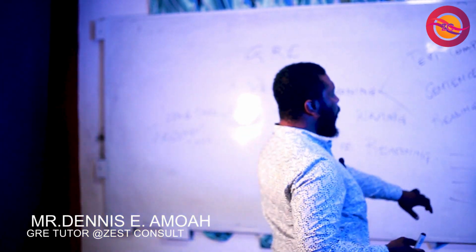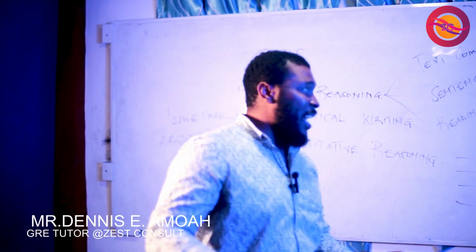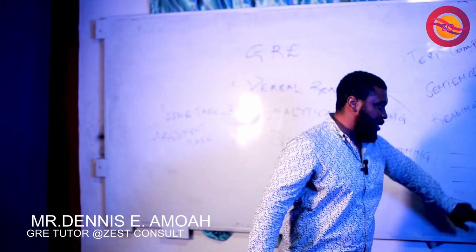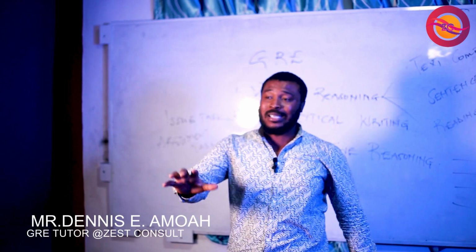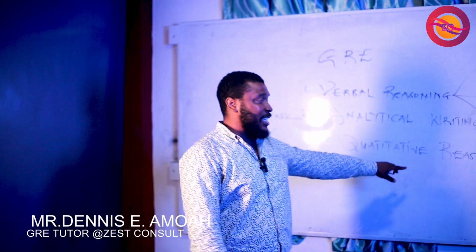Under these four main topics, there are subtopics we are going to look at. Because of time, I will not delve deep into it, but these are the four main topics with subtopics we are going to treat under quantitative reasoning, the math aspect of the GRE.